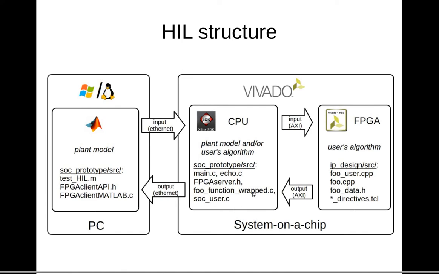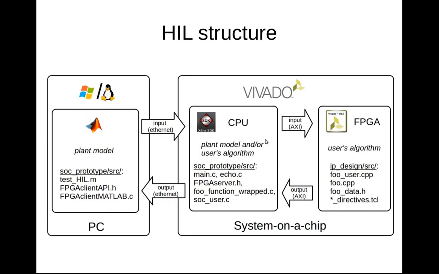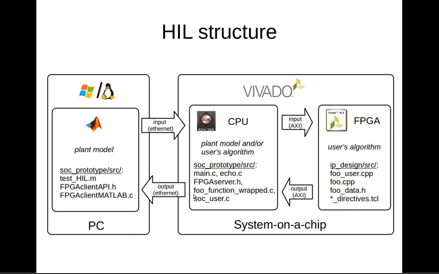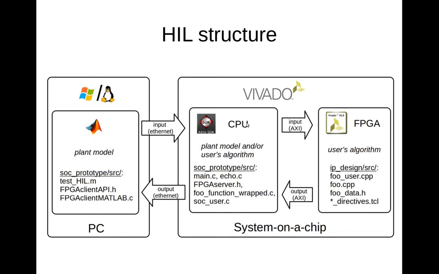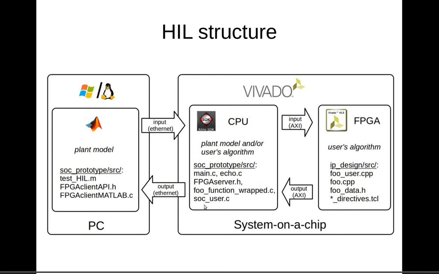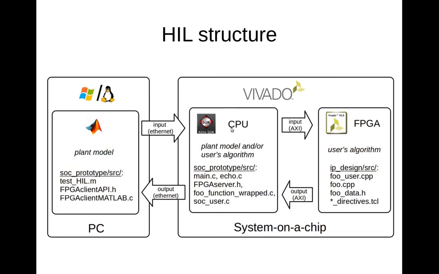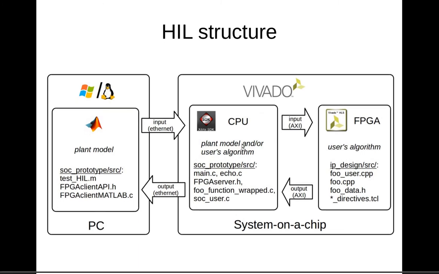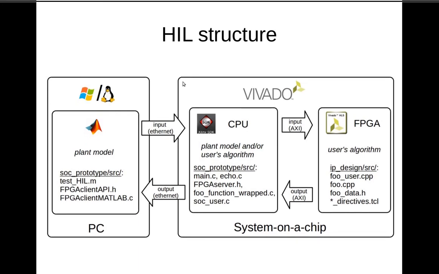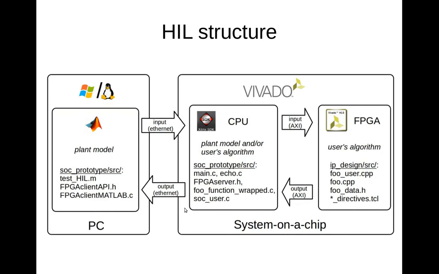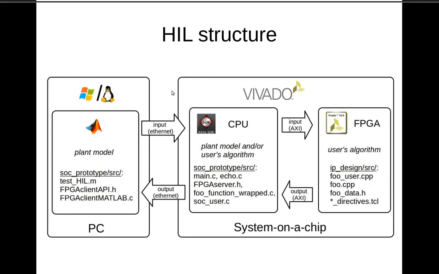Alright, following this, we modified SoC user file via Xilinx SDK, and this code, as we see, is responsible for managing the behavior of CPU. Okay, so we have one C file for FPGA, one C file for CPU, and by modifying these two files, we have defined the behavior of the entire system on a chip.